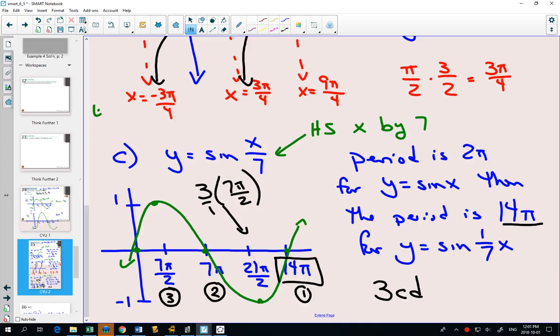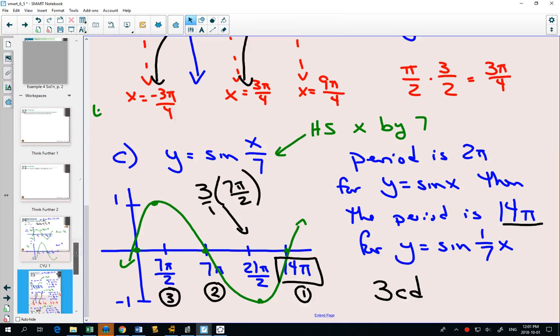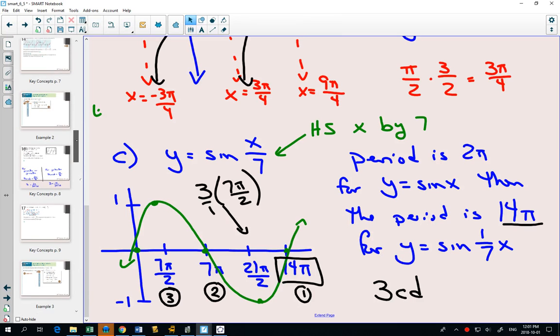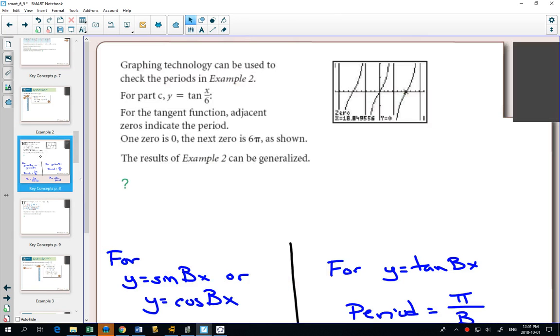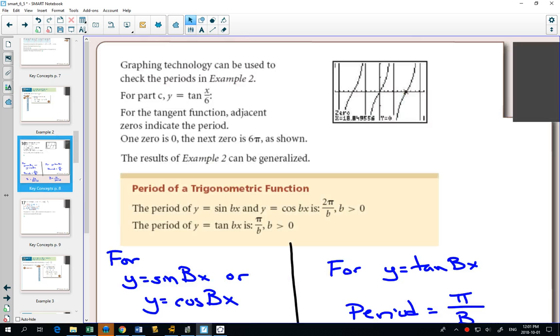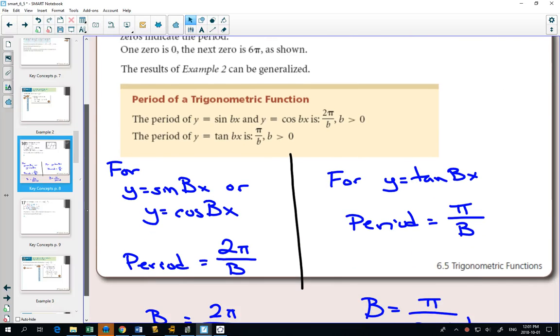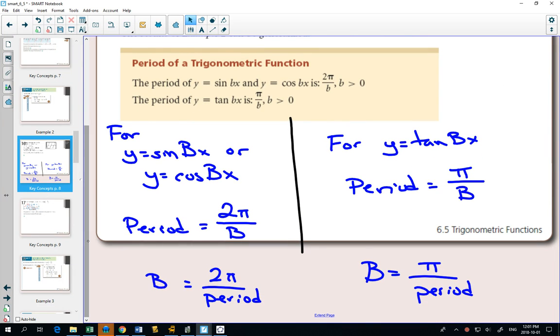Okay? So the last thing I want you to do is at the bottom of your page. At the bottom of the page there's this box which has some formulas. Underneath, I would like you to write out these formulas. For sine and for cosine, whatever your b value is, your period will be 2 pi divided by that b value.